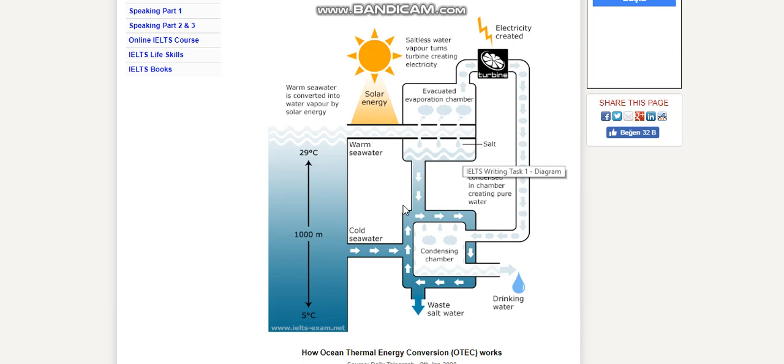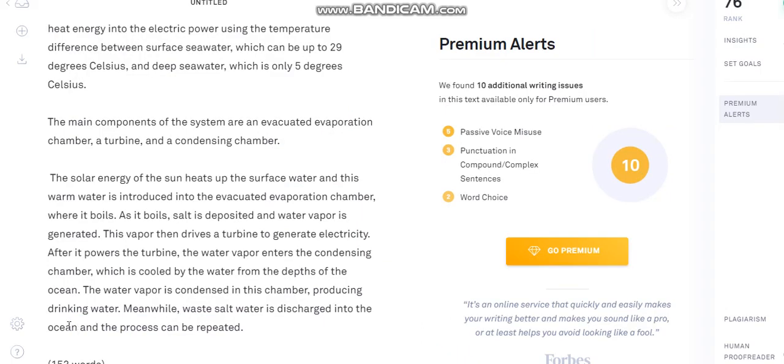So the process can be repeated. It is also a possible expression that you can use in another writing. So the water vapor is condensed in this chamber, producing drinking water.